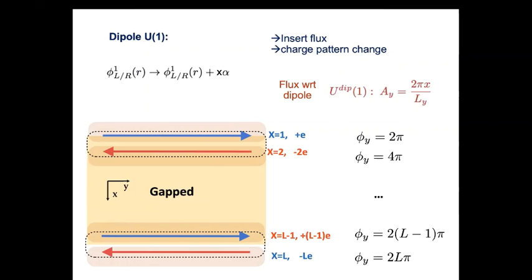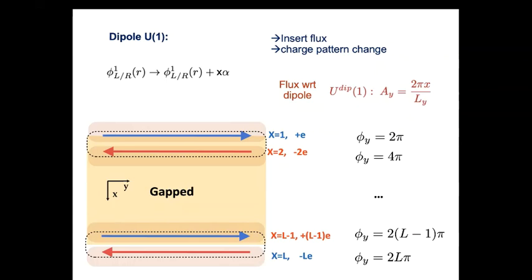For this pattern, because we insert a dipole flux where the momentum shift grows linearly with the position X, what would happen is that for the first row we insert a 2 pi flux, for the second row the chiral boson receives a 4 pi flux, and the same for the final row, which gets a flux of 2 pi times L. If we have a chiral dipole current and anti-dipole current, then for the left moving mode a 2 pi flux will create E charge.